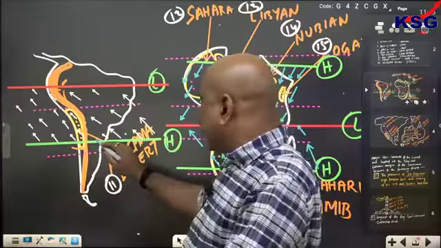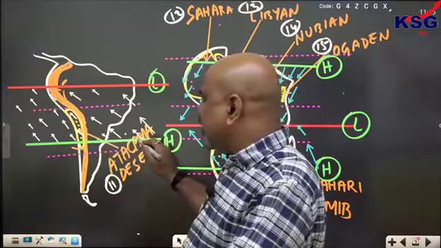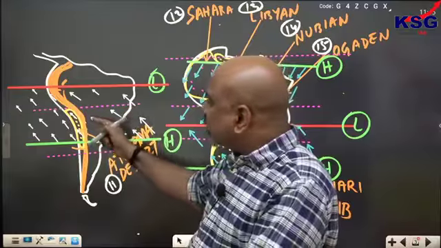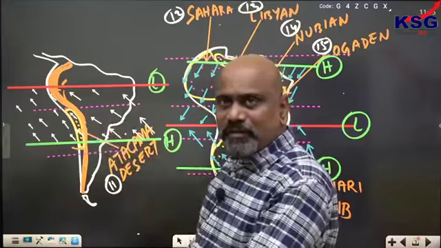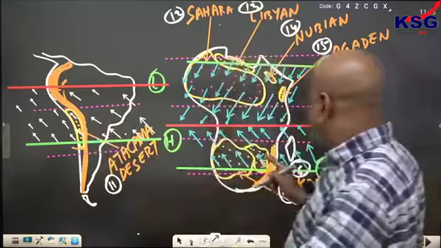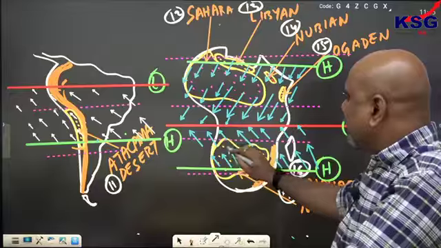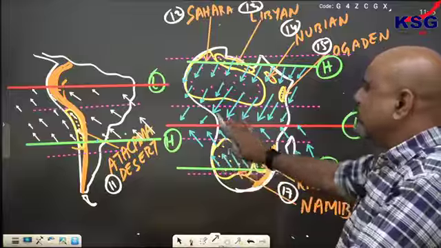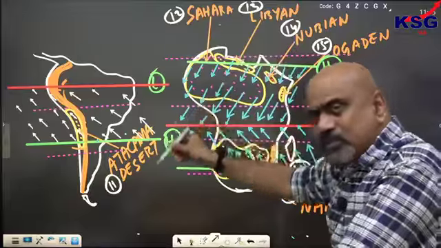Over the continent it will be dry, because in the ocean it is fine. In the ocean it carries moisture, but again it is striking over this part with the mountain forming a rain shadow effect. But over a continent, look here, is it dry continental easterlies or not? It is dry continental easterlies because air is sinking here and going in this way. Here also air is sinking and coming in this way.